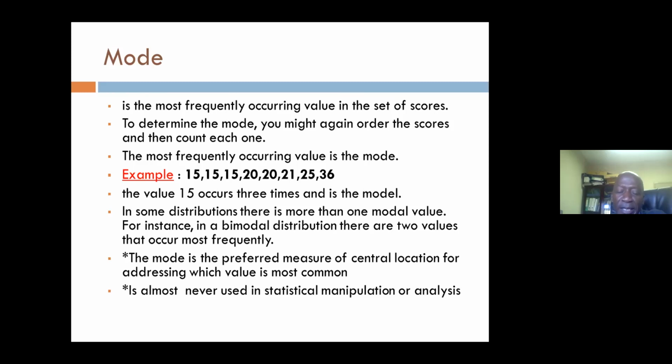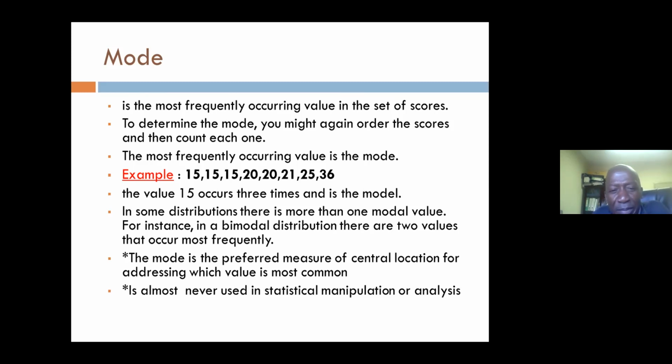If you are looking at times to recover, for example, from a given disease, or hospital duration of stay for patients with a certain condition, and most of the patients spend some specific number that is commonly occurring, then you can identify that as the hospital duration time for individuals with a given condition. So in that data set, 15 occurs the most number of times, 3 times. So that is the mode.